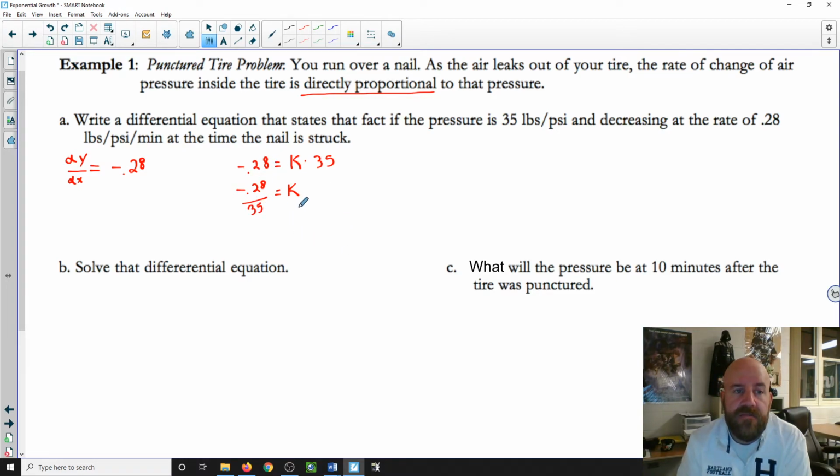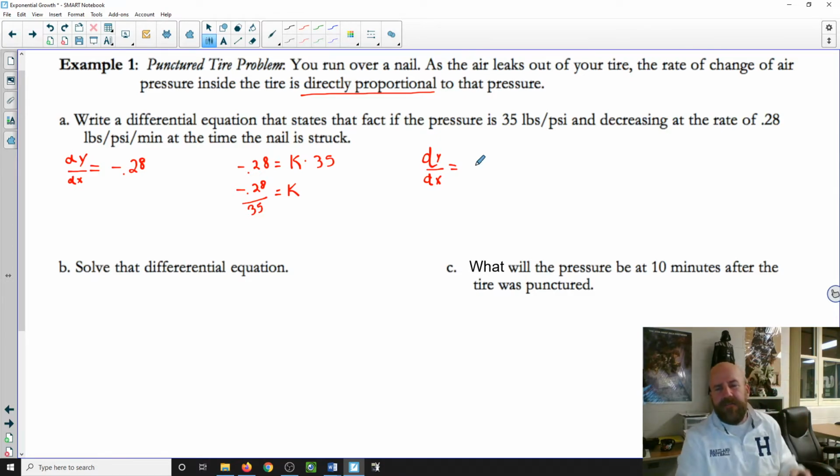So that is our k value. Okay, so now we can write a differential. We can say dy over dx equals, calculating this out, negative 0.28 divided by 35 is indeed negative 0.008 p. So there's our differential equation.